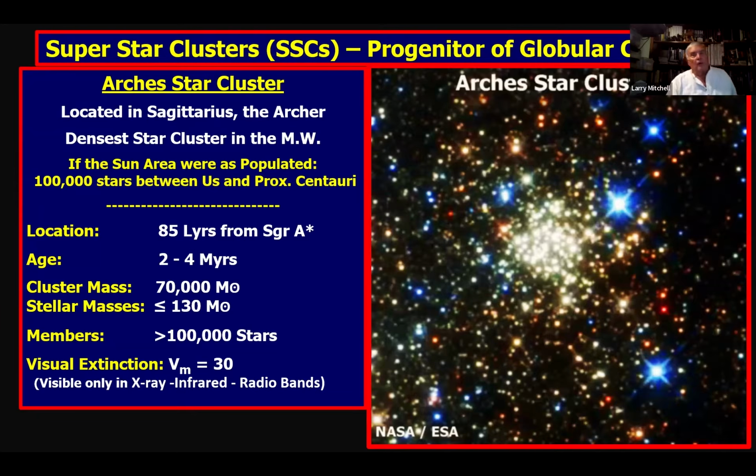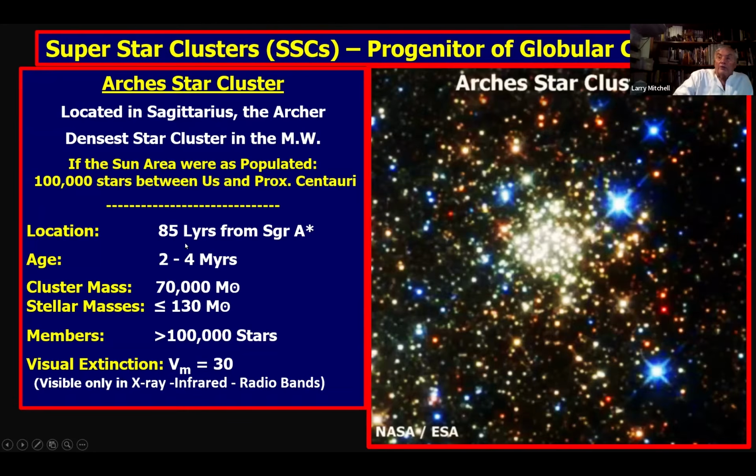Proxima Centauri is only 4 light years away. So that is a bunch of stars that will be packed in that 4 light year span of distance if we had the density that the Arches star cluster does. There would be no nighttime astronomy observed if we were inside of this cluster, by the way.